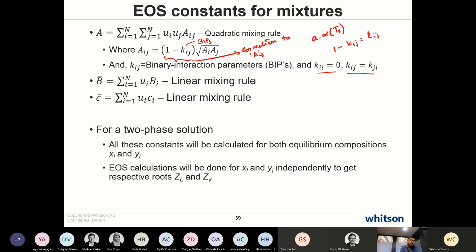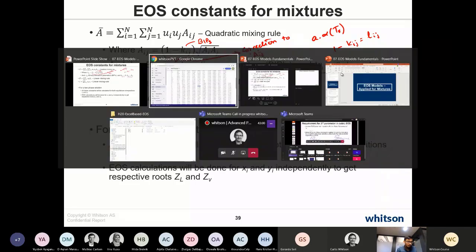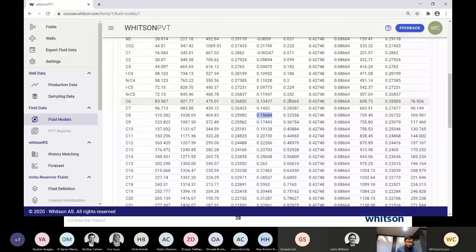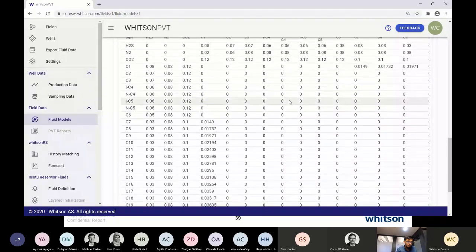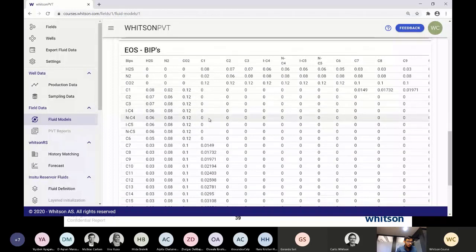So that's why the binary interaction parameter table is a half diagonal. I can show it here. So you see here the binary interaction parameters in the whole table, and here it's 0 for all the C2 plus components. We generally use only C1 and C7 plus component.